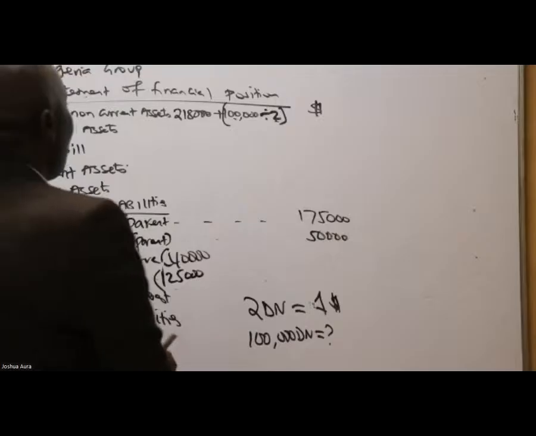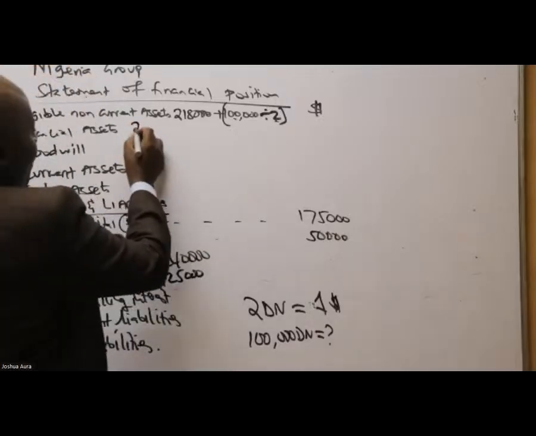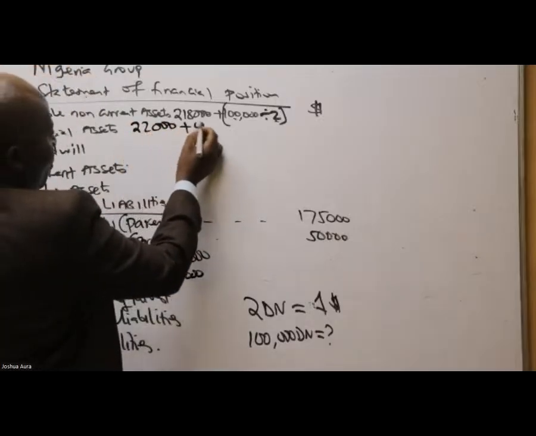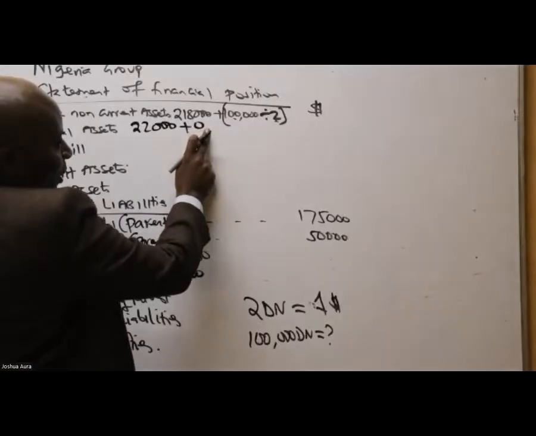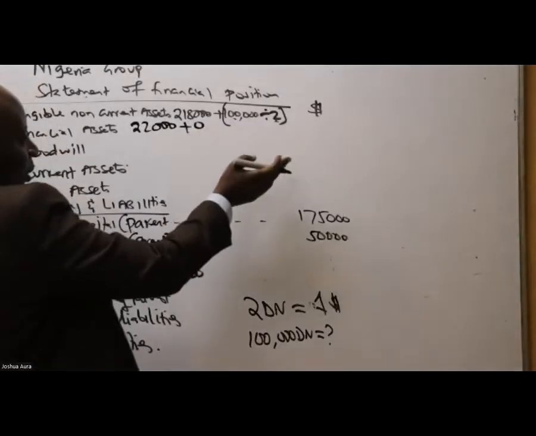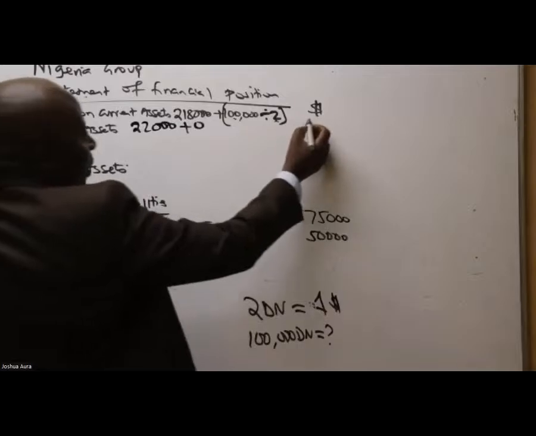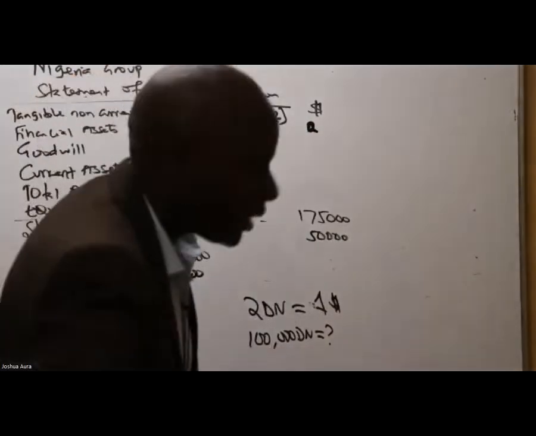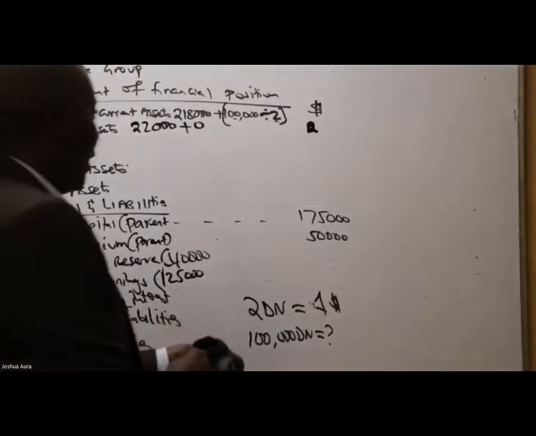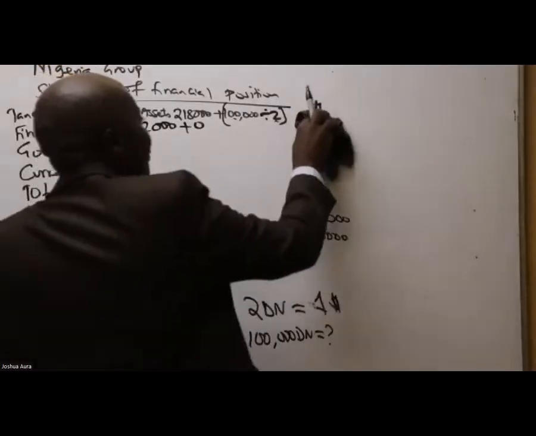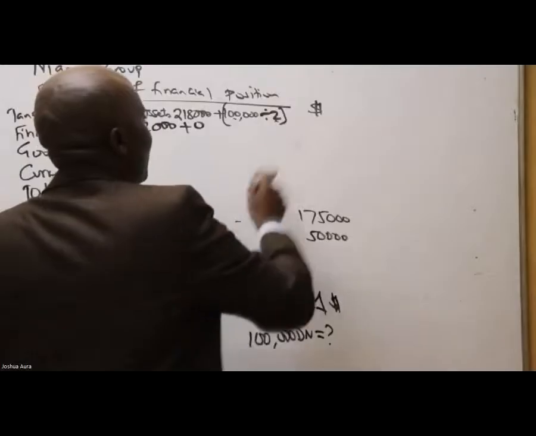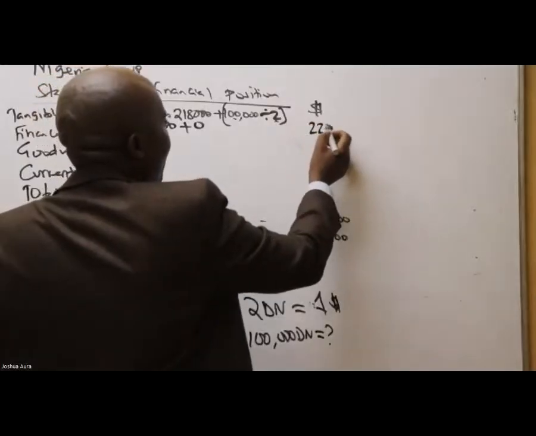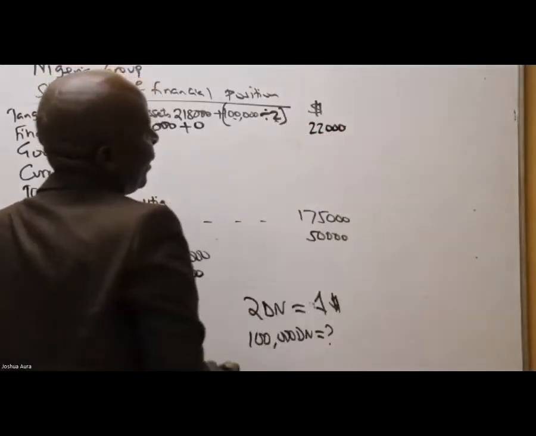So there is no translation really of the subsidiary figure, because 0 cannot be translated. So I can simply take 22,000 here. Final figure.